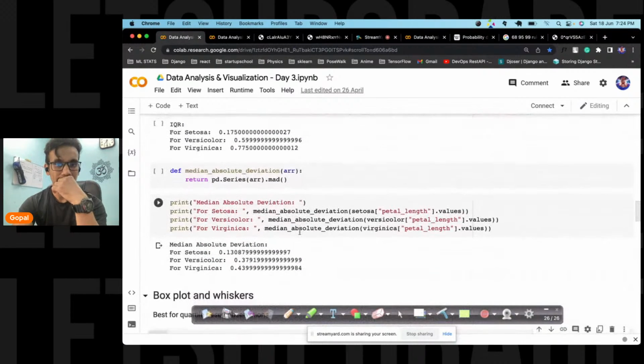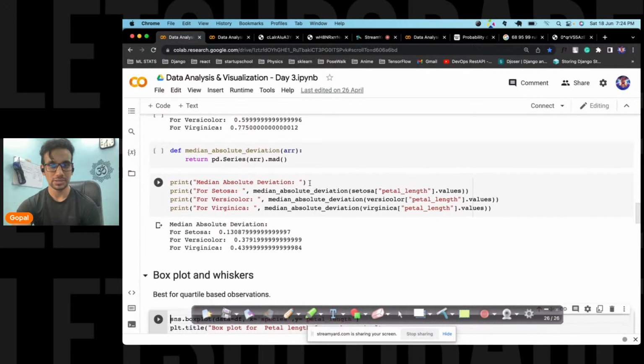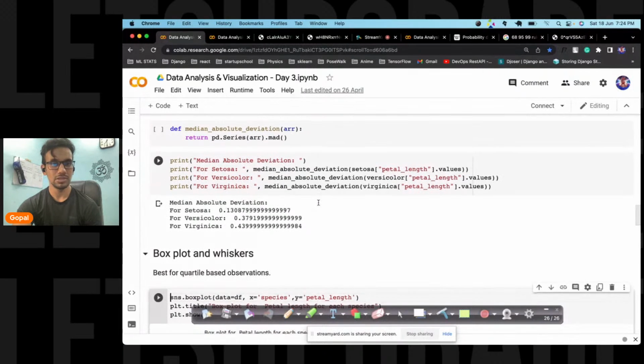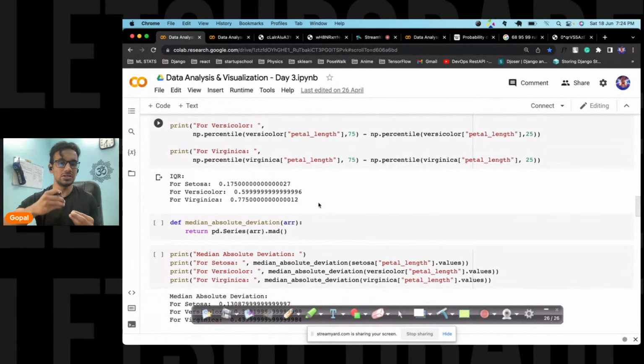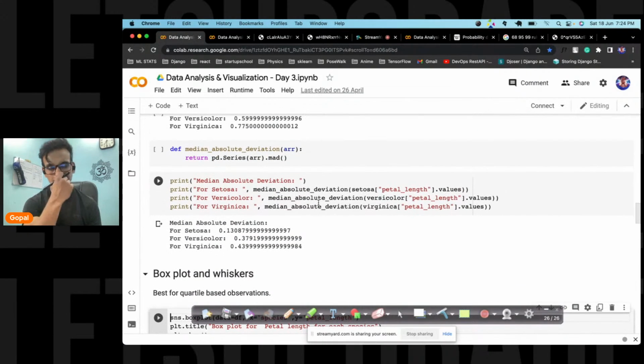So again, we go back here, and we have the median absolute deviation. We also have it here, with the series array dot mad, the median absolute deviation, on the petal length values. So what will the median absolute deviation be? It is how much each point deviates from the median.